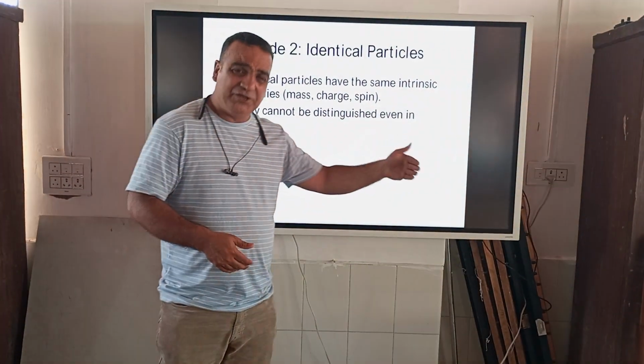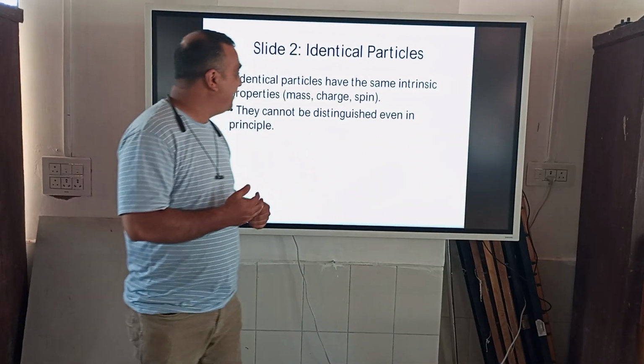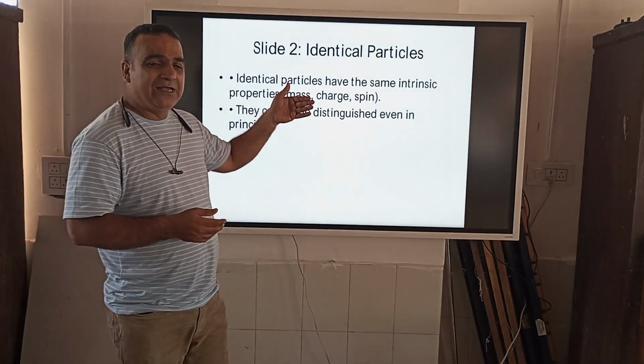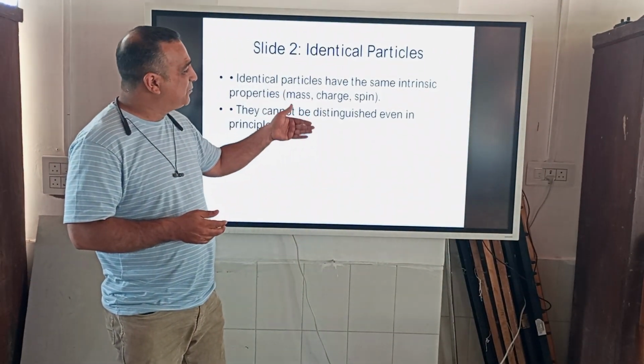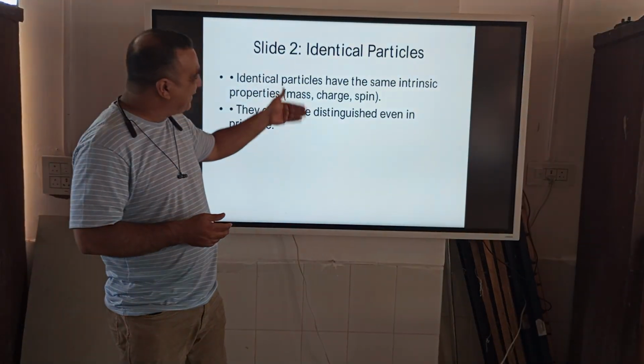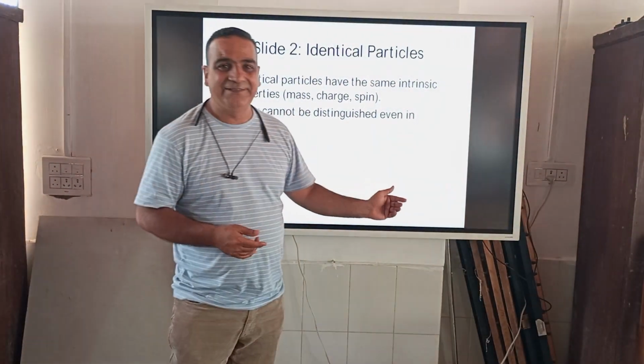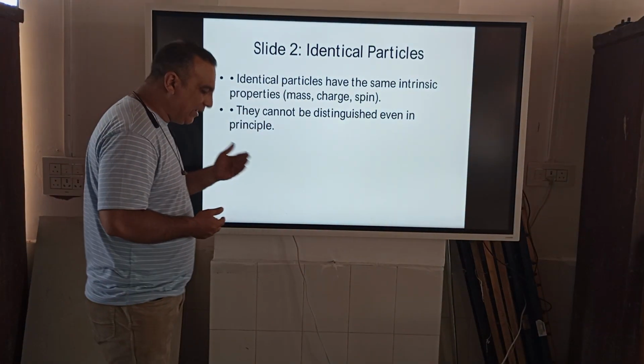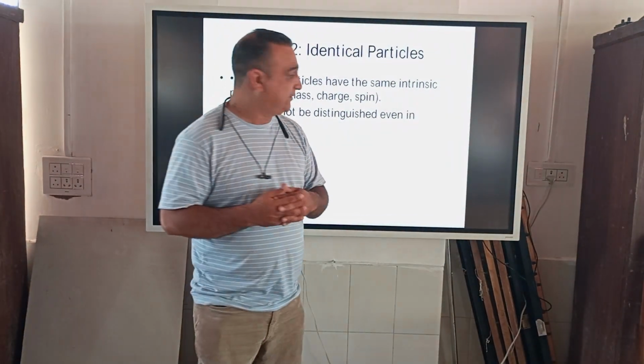There can be some additional terms also involved, but these are the basic properties that these particles must have identical. If they are identical in terms of these physical quantities, then we call them identical particles.